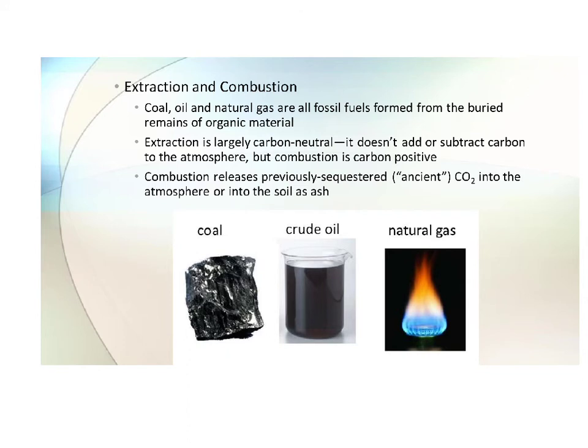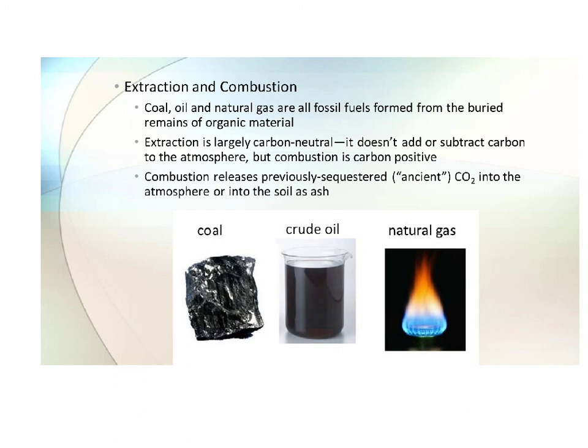So our final group of processes that drive the carbon cycle is extraction and combustion. These are relatively new things that began during the Industrial Revolution. So extraction is the extraction of fossil fuels. Coal, oil, and natural gas are fossil fuels, and they're formed from the buried remains of organic material. That means that they contain carbon.